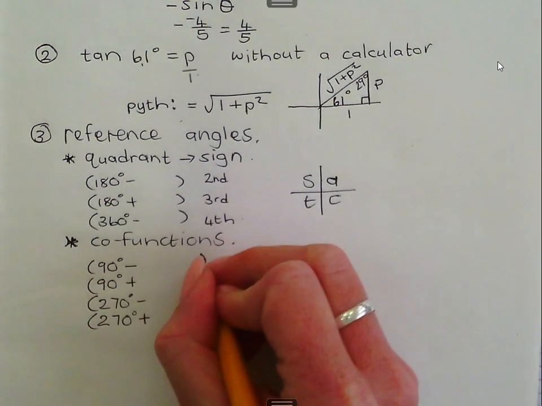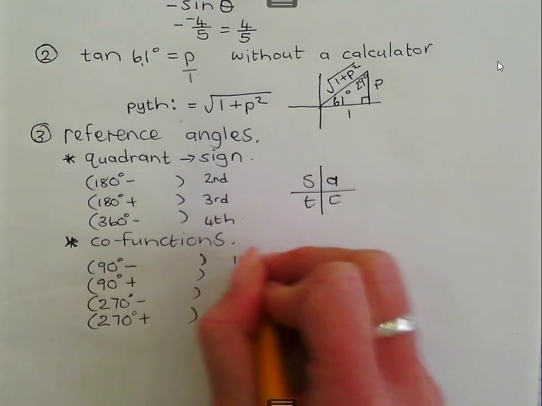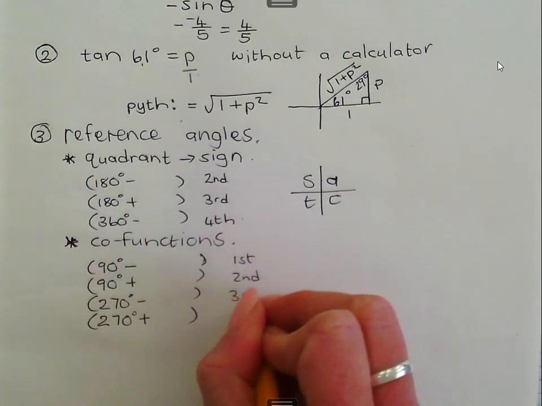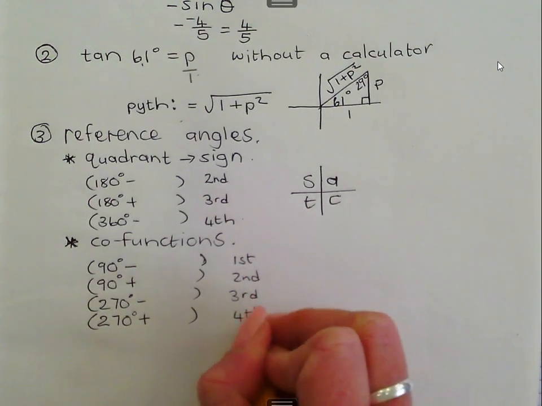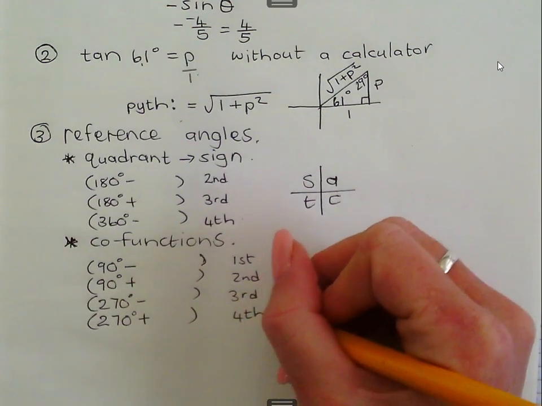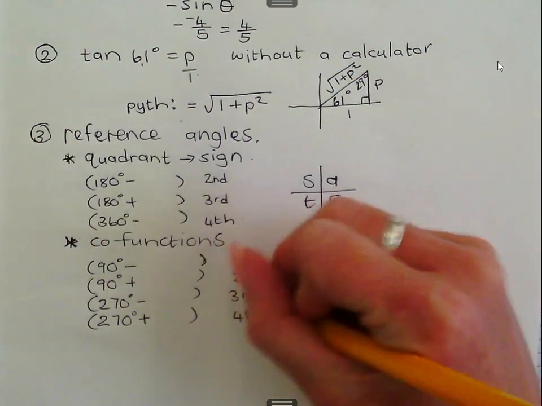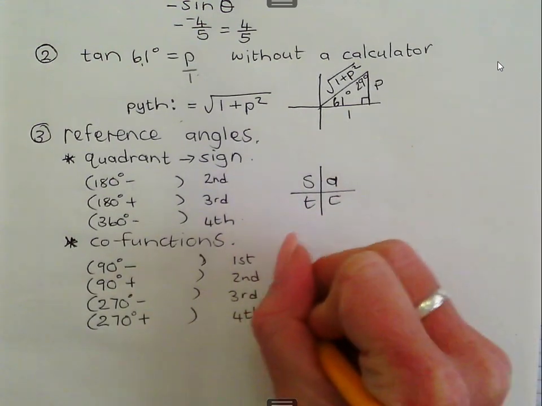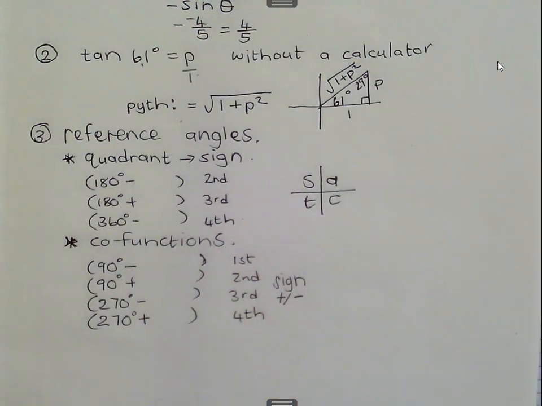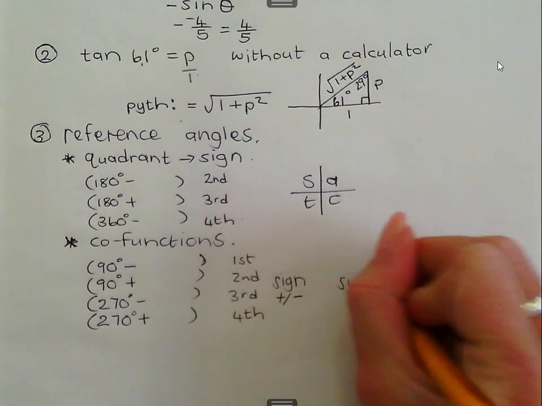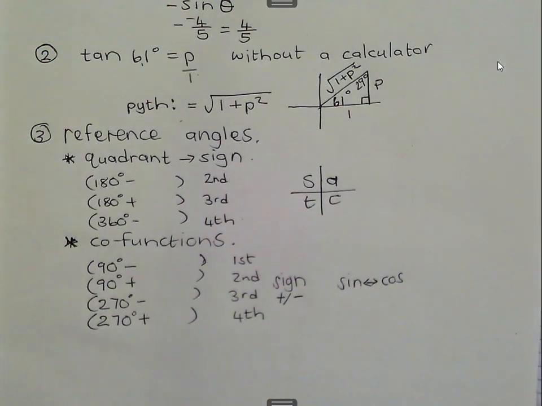So 90 minus is first, 90 plus is second, 270 minus is third, 270 plus is fourth. So the first thing you do after you've determined the quadrant is you determine the sign. After you've determined the sign, sin changes to cos and cos changes to sin. But you first have to do the sign.